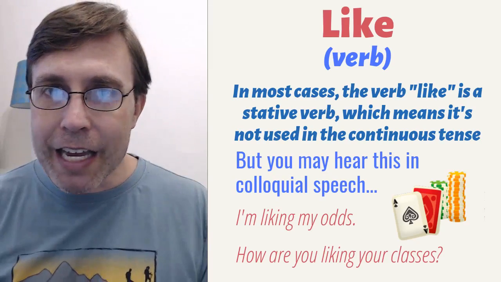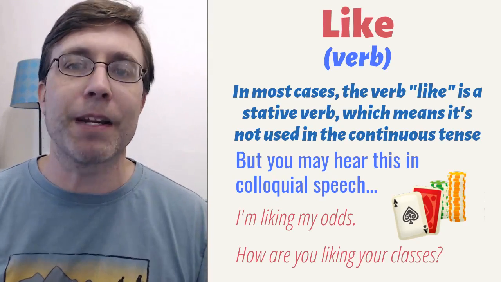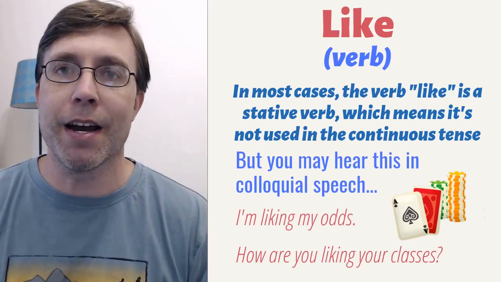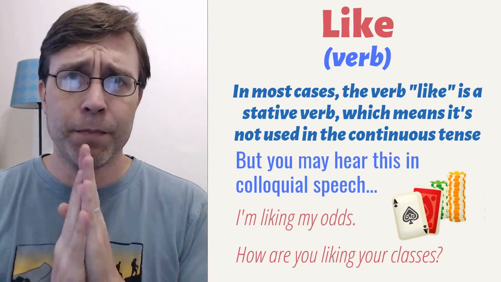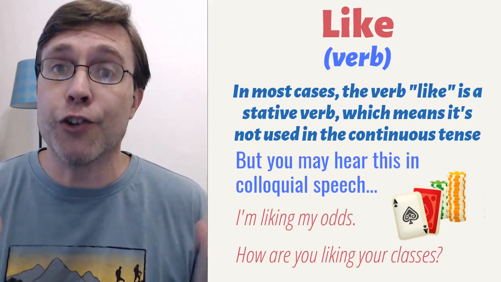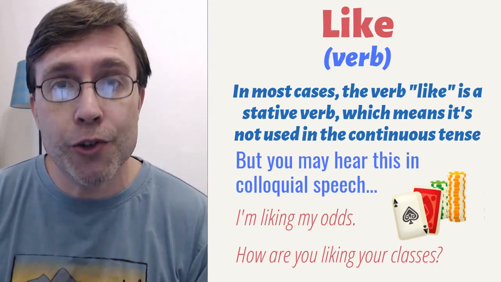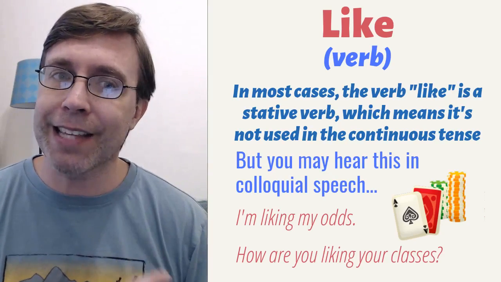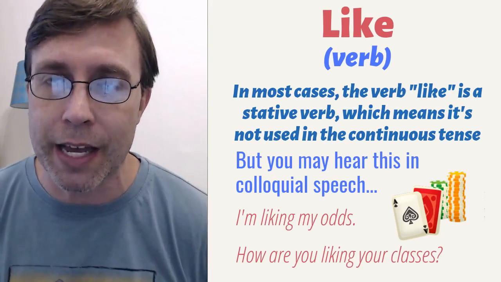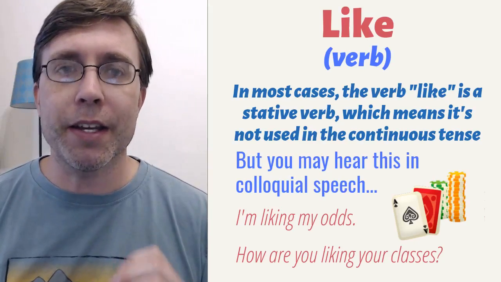Instead of saying, I like my odds, in spoken English, somebody might say, I'm liking my odds, all right? This is happening now. Or instead of how do you enjoy your classes, you could say, how are you liking your classes? Somebody might ask that question in the continuous tense, even though it is a stative verb.